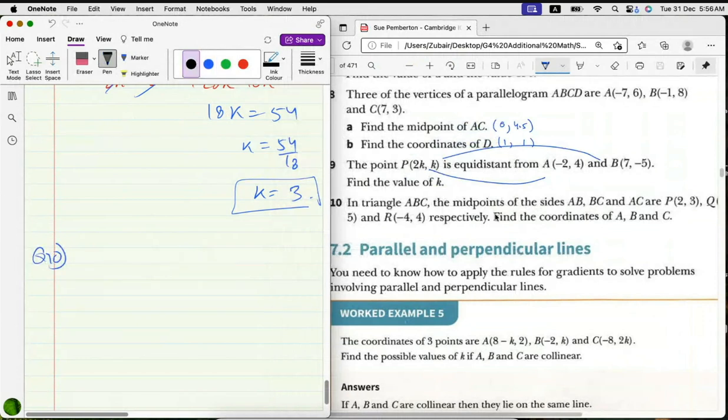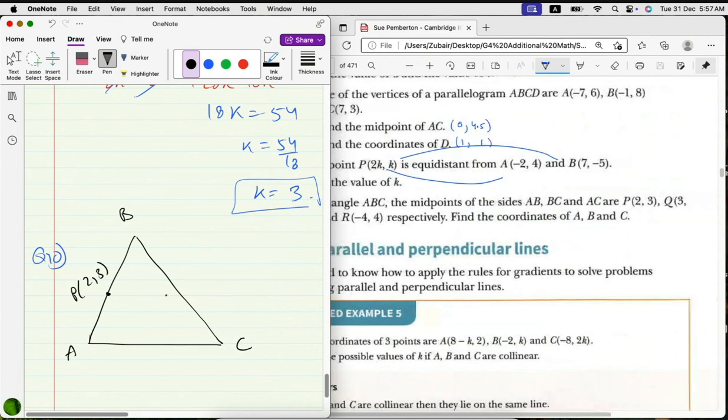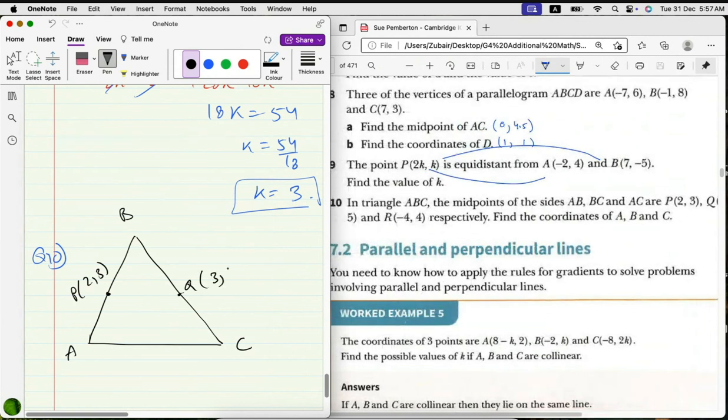The triangle ABC, midpoints of AB, BC, and AC are these. A, B, C. This is P, 2, 3. This is Q, 3, 5.